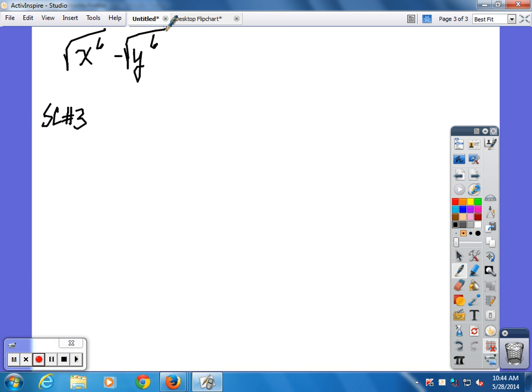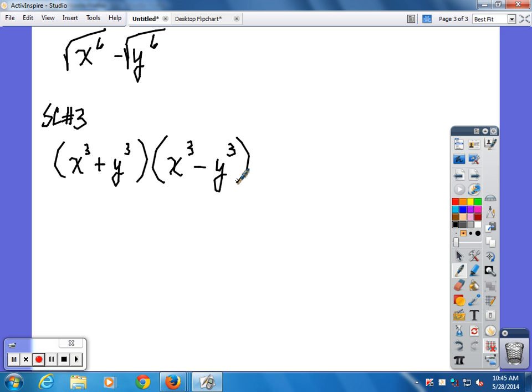And that'll give me x. What's the square root of x to the 6th? x to the 3rd. So it'll be x to the 3rd plus y to the 3rd times x to the 3rd minus y to the 3rd. Now what do we have? Shortcuts number 4 and 5. So this is shortcut number 4, and this is shortcut number 5.